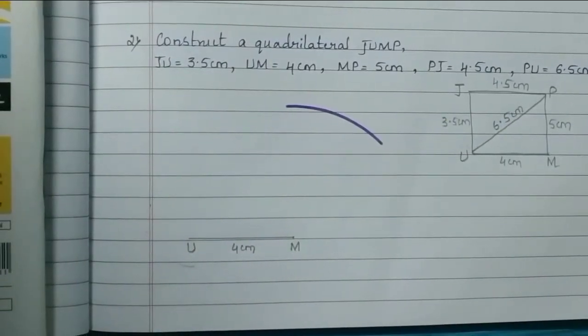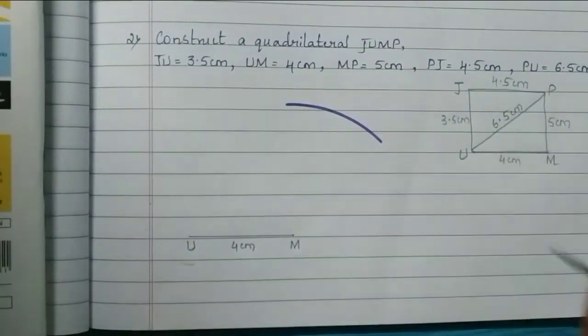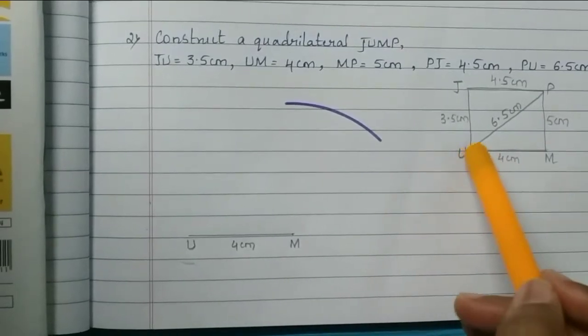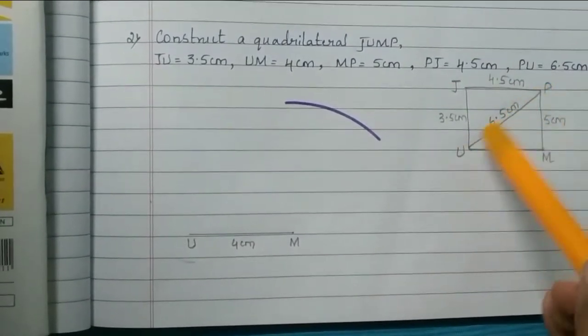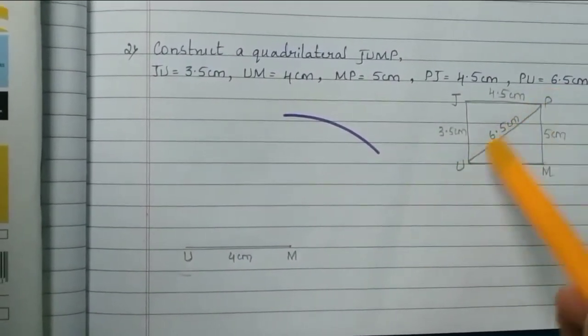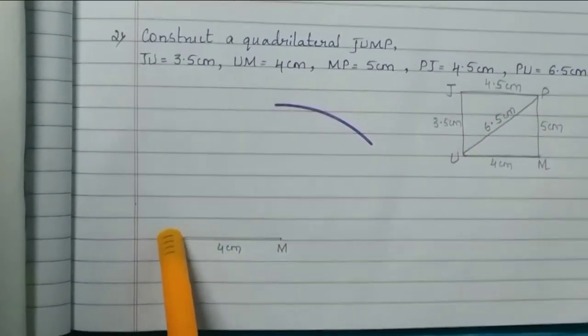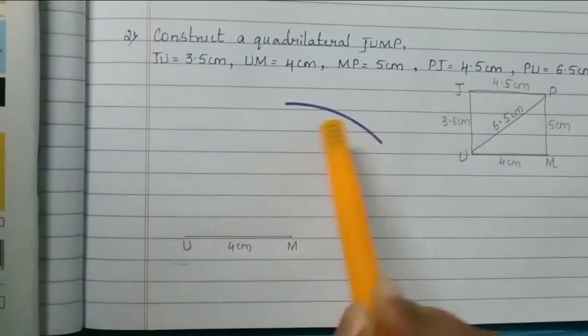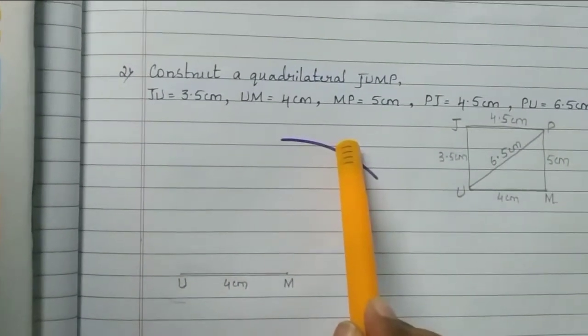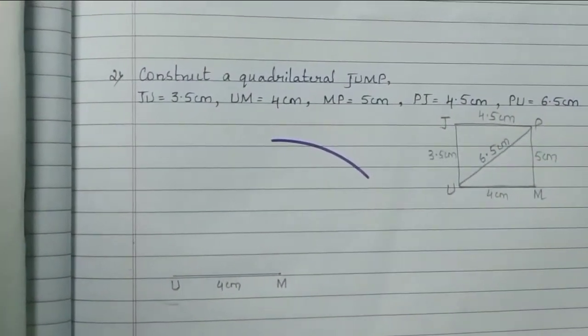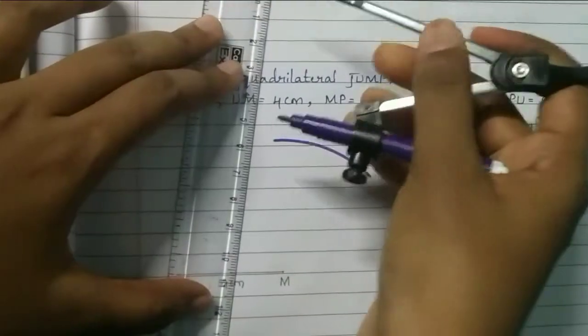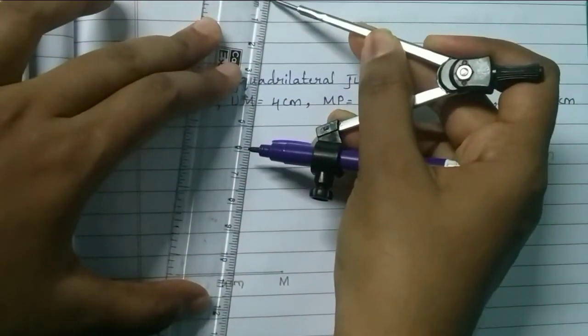Then again from here you can see we need PU, it is nothing but 6.5 centimeter. So we have to keep the point at U and cut this arc at 6.5 centimeter. So for that we have to take the arc length of 6.5 centimeter.